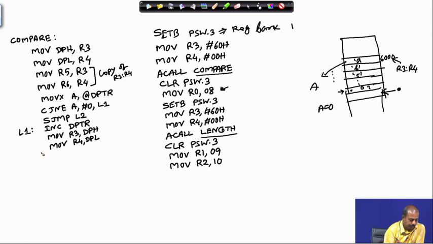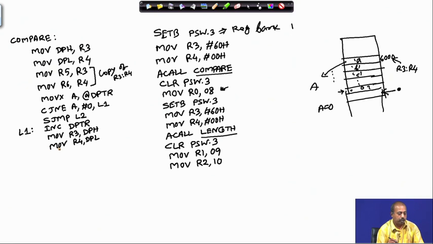Then we have to go for the next one. So, in R3 and R4 we have saved the value. Now, R5 and R6 had the previous value of this DPTR. Then SJMP L2.